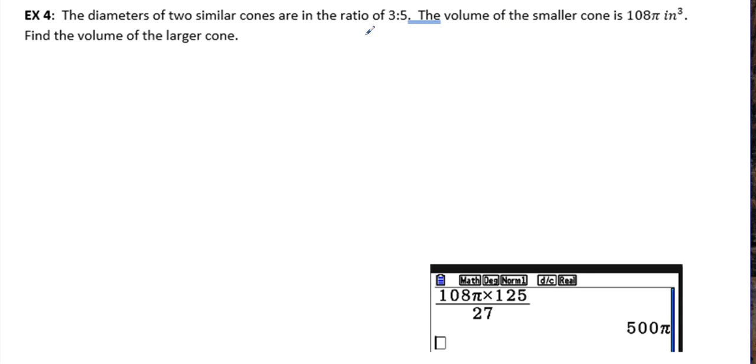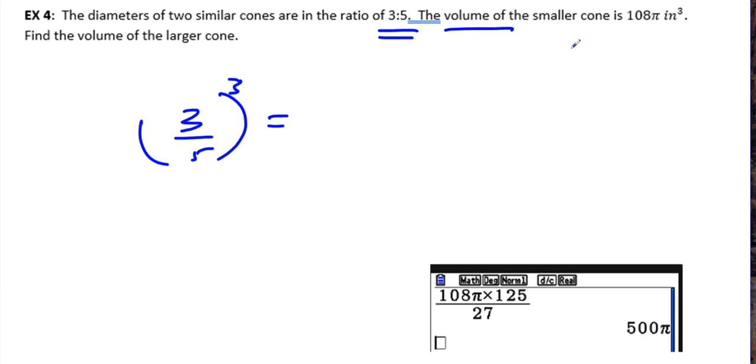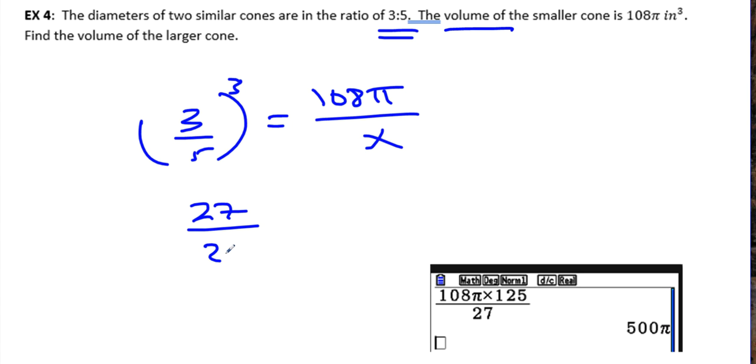Alrighty. So here's my sim ratio. I'm going to write that down as a fraction. Now I'm doing volume, so I immediately am going to cube this. Alright. And the smaller cone is 108 pi, so that goes on top. And we don't know the bigger, so I'm going to cross multiply. First I'm going to clean this up. 3 times 3 times 3 is 27. 5 cubed is 125.